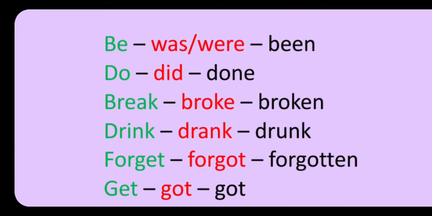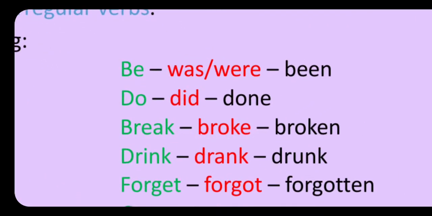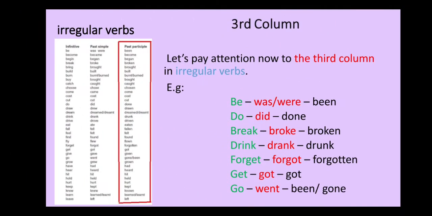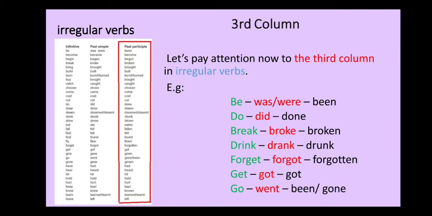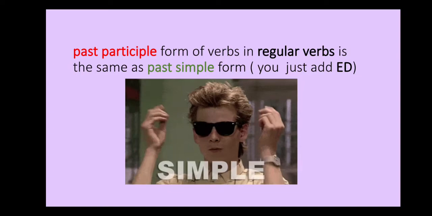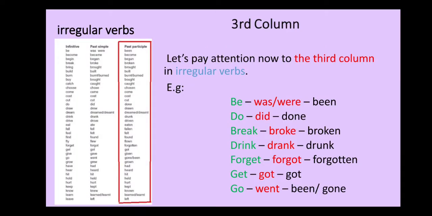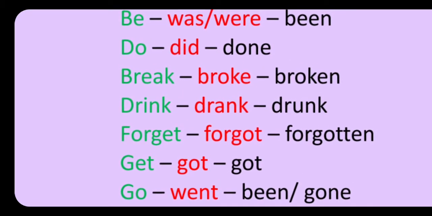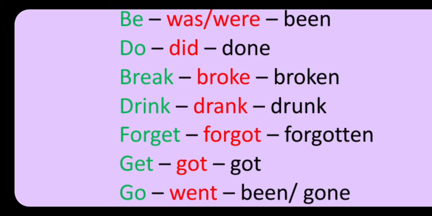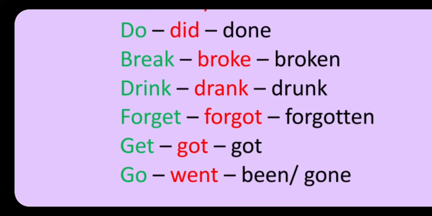What happens here? Are they the same? Do they change? What do you think? Yes, they change. Sometimes they change a few letters, and sometimes they keep the same form as in past simple.